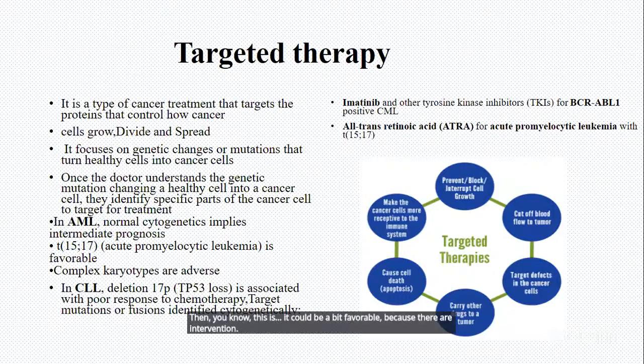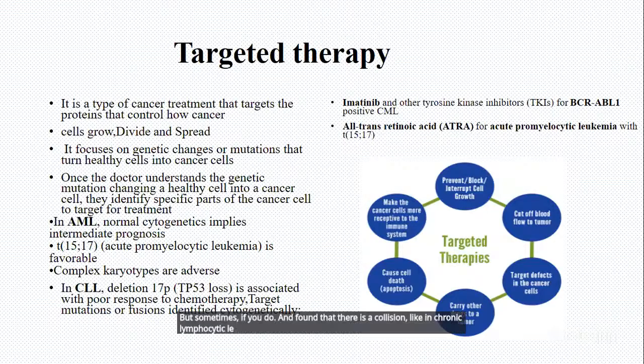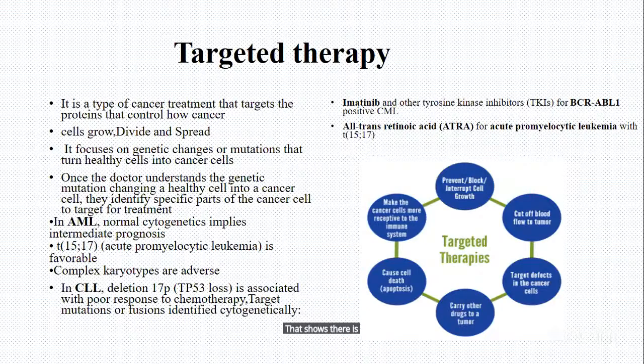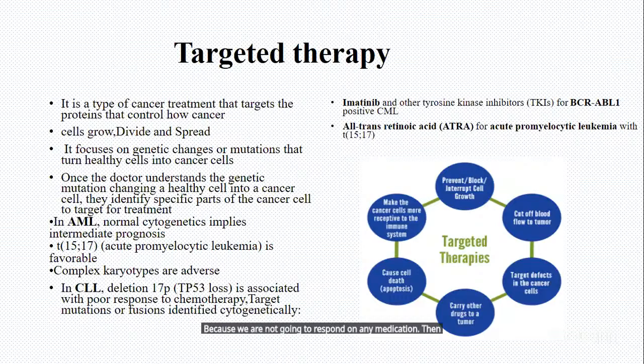But sometimes if you find that there is a deletion, like in chronic lymphocytic leukemia, deletion of 17p, that shows there is poor prognosis, and that's how patients die, because if a doctor gives up on you because you are not going to respond to any medication, then it gives them a way to initiate other treatments that might not benefit you.